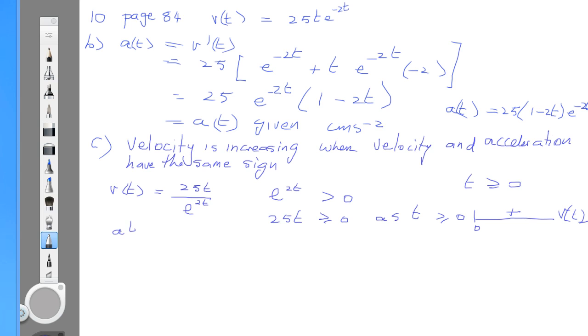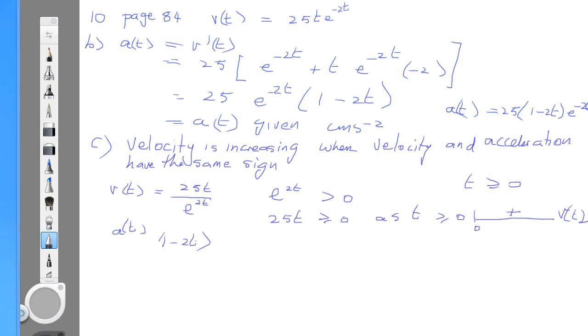If we look at our acceleration function, one of the reasons we were asked to put it in factor form is that acceleration has 25, which is a number, positive. The factor e to the minus 2t, well, 1 over e to the 2t is a positive number, so that is positive. The only factor that's going to change the sign is the 1 minus 2t. So just write that down. 1 minus 2t is a significant factor.